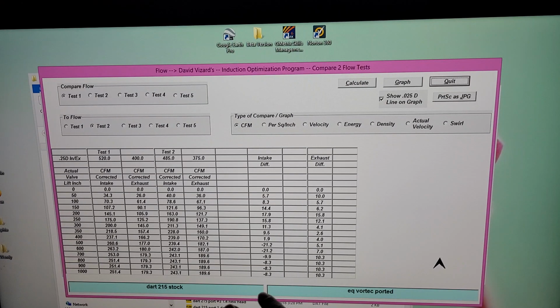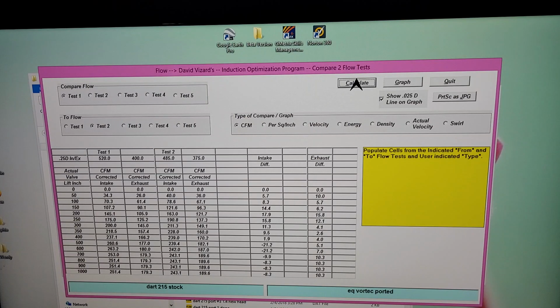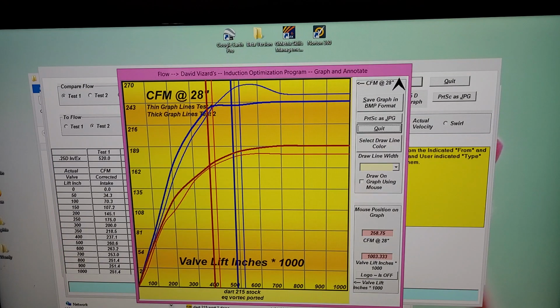So the two columns on the left are the Dart 215s. The two columns on the right are the EQ Vortec. We have compare flow test 1, compare flow test 2. We're going to take a look at CFM first. We're going to tell it to calculate. Then we're going to tell it to graph. And there we go.